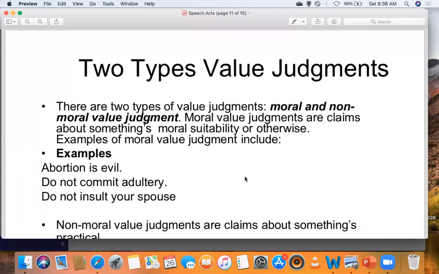So the value of abortion is not really commendable according to this value judgment. Do not commit adultery. This judgment is condemning the value of adultery. Do not insult your spouse. These are statements that condemn the value of these acts, these activities.